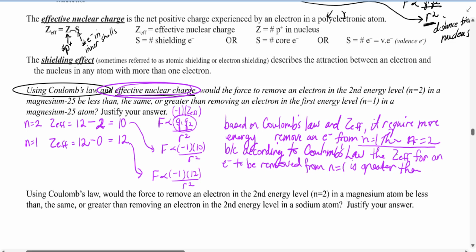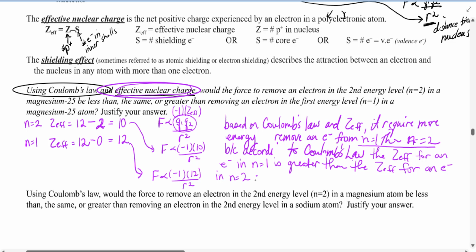I'm sorry, and not the effective nuclear charge. The effective nuclear charge is greater. I'm sorry, I worded this poorly. The effective nuclear charge for an electron in energy level 1 is greater than the effective nuclear charge for an electron in energy level 2.